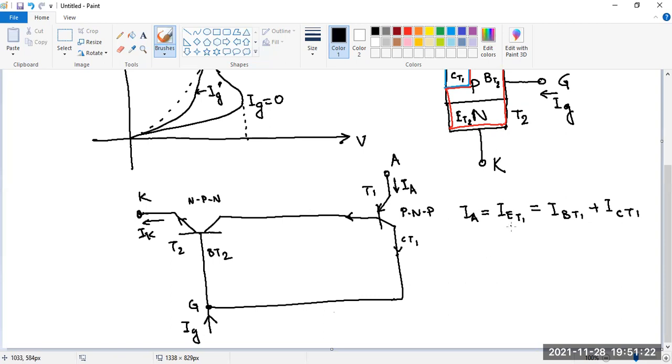So from that, another thing we can write is the collector current. Collector current and emitter current have some proportion. What is that?